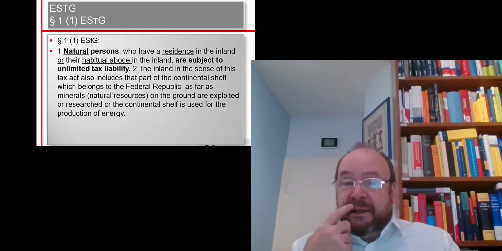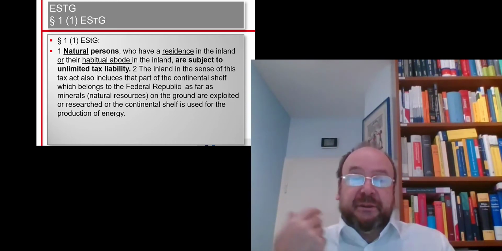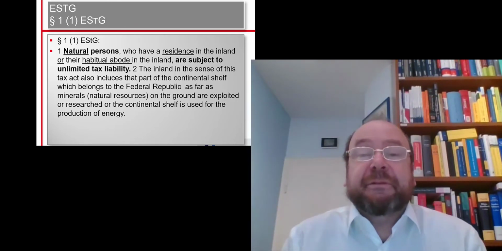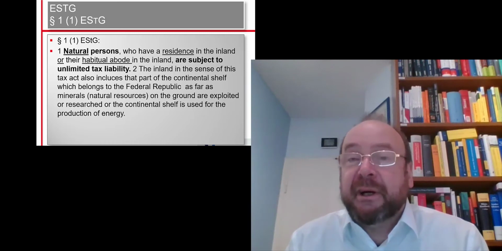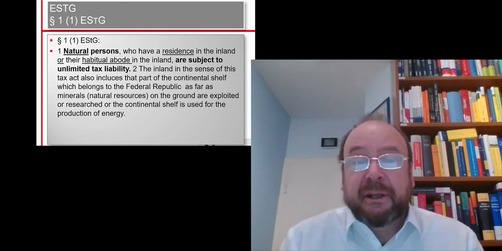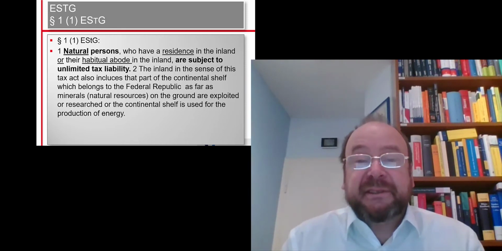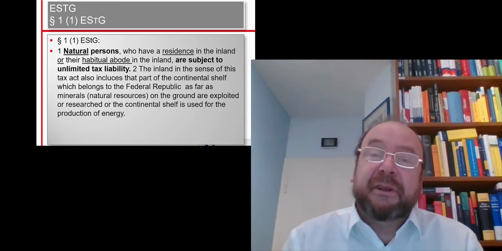Here I have a short translation of the German Income Tax Act, section 1.1. At the beginning of the law, as the first step, you have a description of who is covered by unlimited tax liability. Natural persons: the German Income Tax Act, the EStG, Einkommensteuergesetz, is only applicable to natural persons.